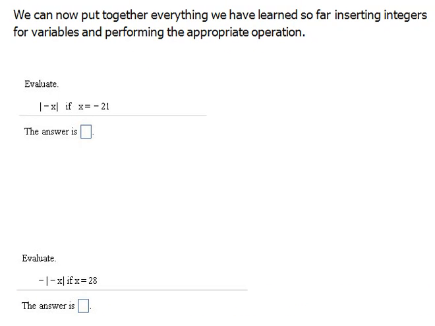Alright, now we're going to truly put everything together. Variables, absolute values, positive and negative integers. So here we have to evaluate the absolute value of negative x. And it says if the x happens to be negative 21. So we're saying the absolute value of negative something.